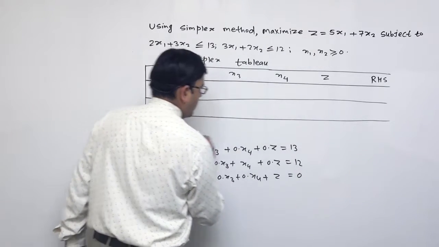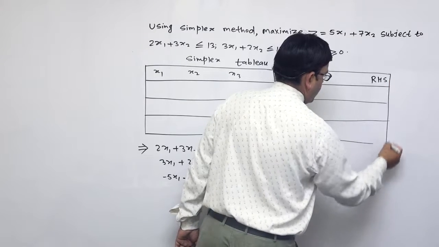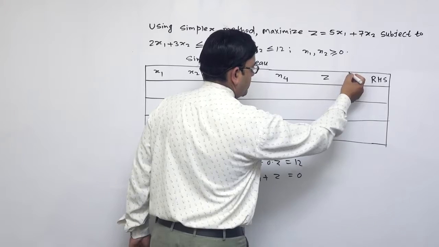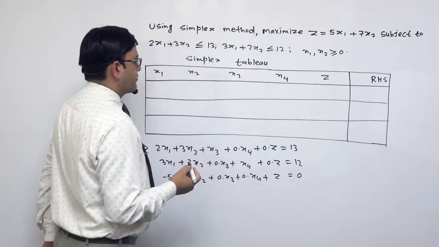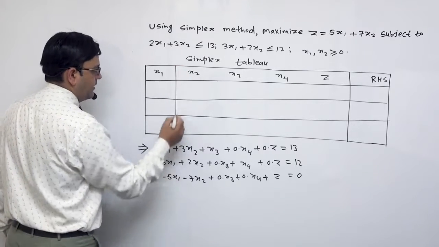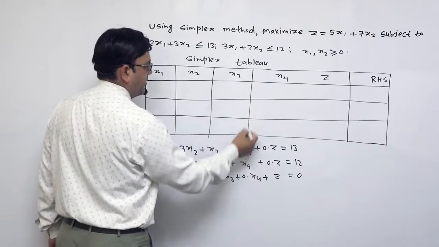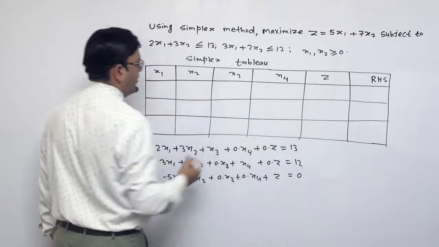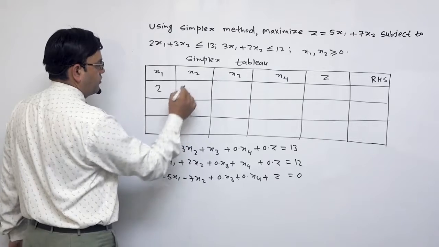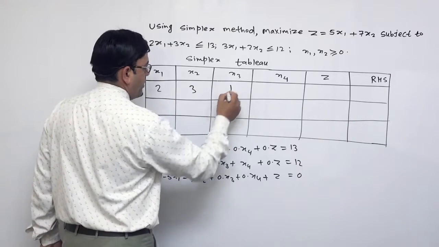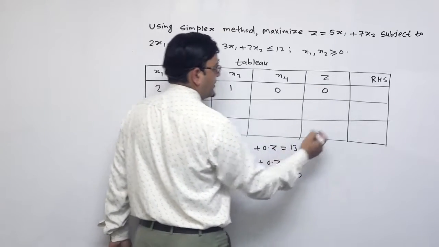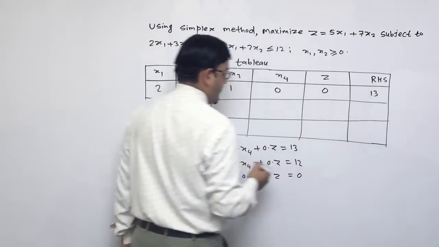It does not matter whether we draw lines or not. Okay, let's look here: x1 is 2, x2 is 3, x3 is 1 and x4 is 0, z is also 0 and RHS is 13.